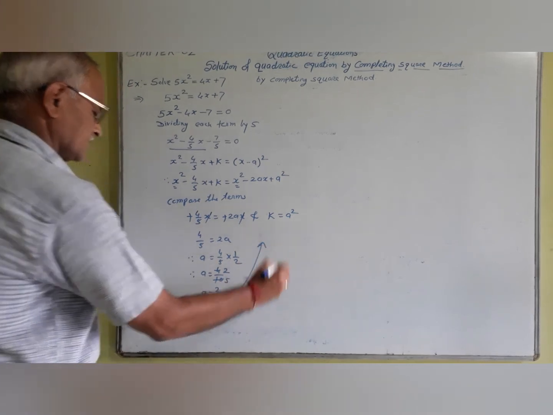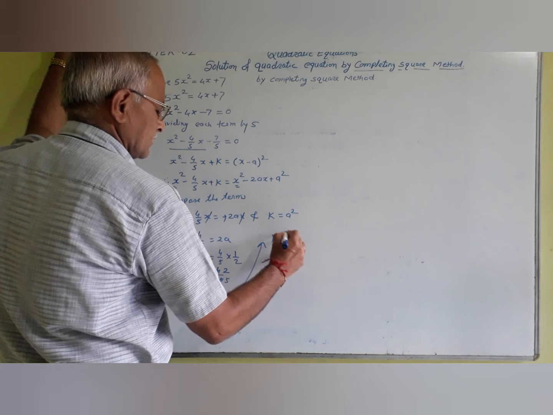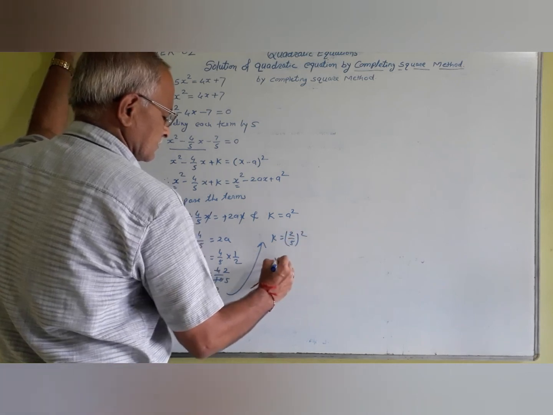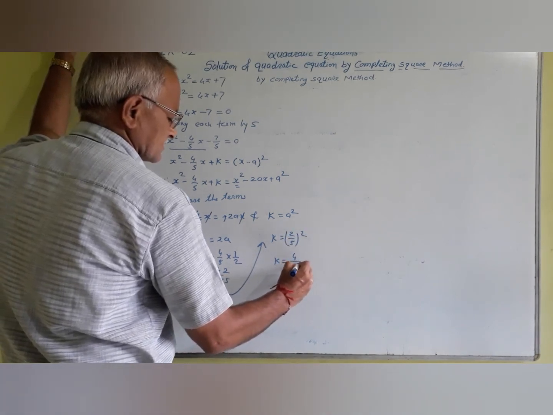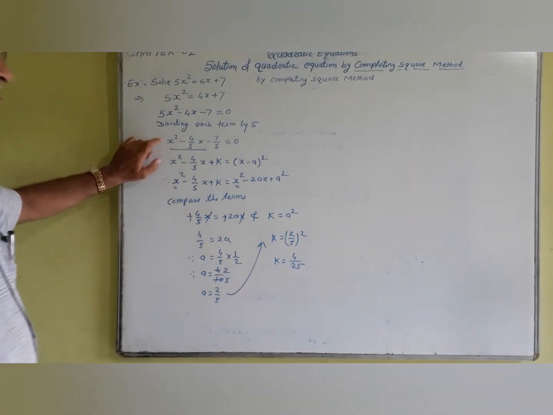Now taking this 2/5, k is equal to (2/5) whole square. Therefore, k is equal to 4/25. Now add this 4/25 in this equation.